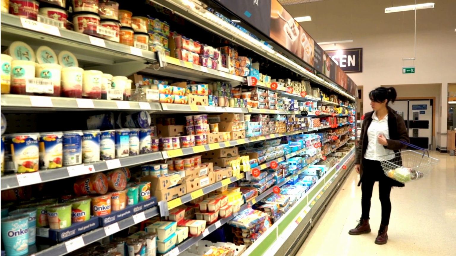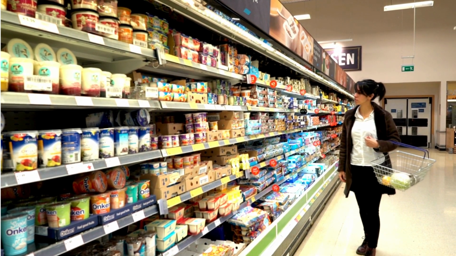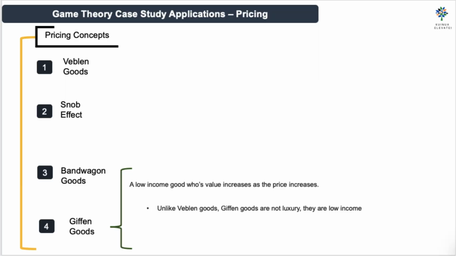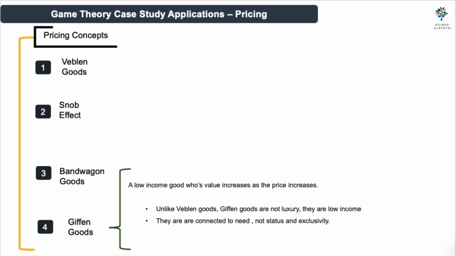These goods are typically low income necessities, food items, detergents, things that people need. These day to day goods typically consumed by low income groups whose demand rises as the price increases. That is, when prices of given goods rise, the demand for these goods rises as well.